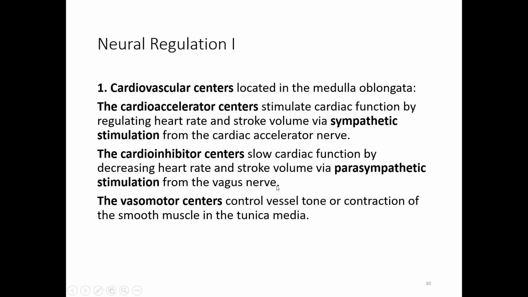Remember the number? The vasomotor centers, located also in the medulla, they control vessel tone, or contraction of the smooth muscles in the tunica media. It means in the tunica media of the blood vessels, in the very central layer of blood vessels, which is made of smooth muscles, their tone can be changed.